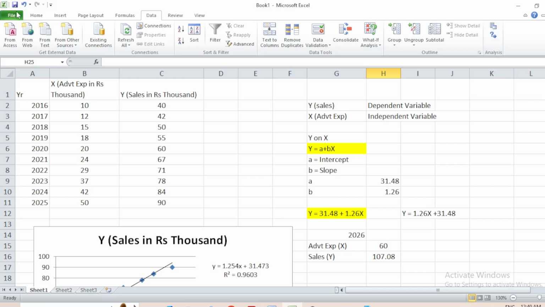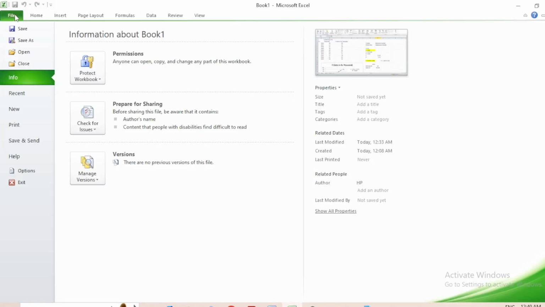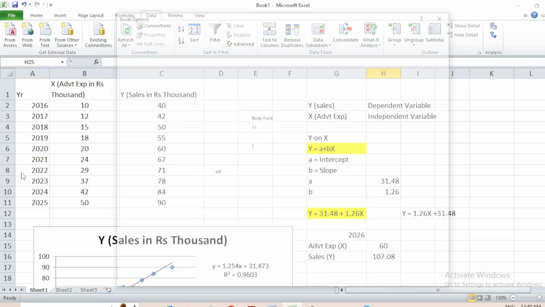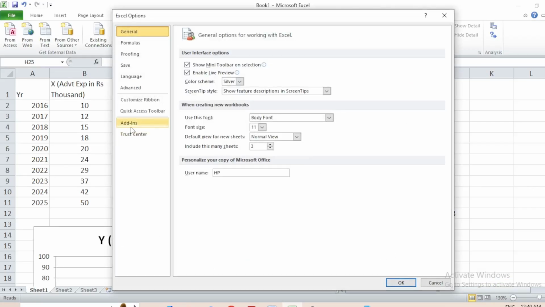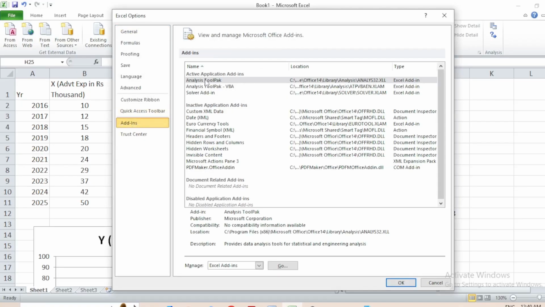You will just go to the file option, click on the file option, go to the options tab. In the options there is the add-ins, click on it. There is the analysis tool pack. You have to click on that analysis tool pack and then just press OK.